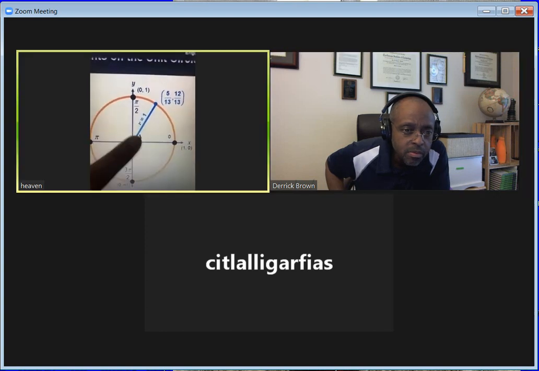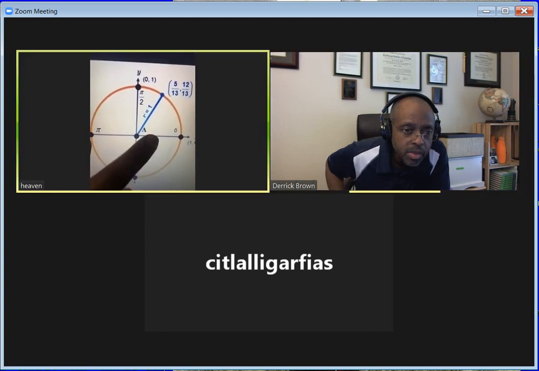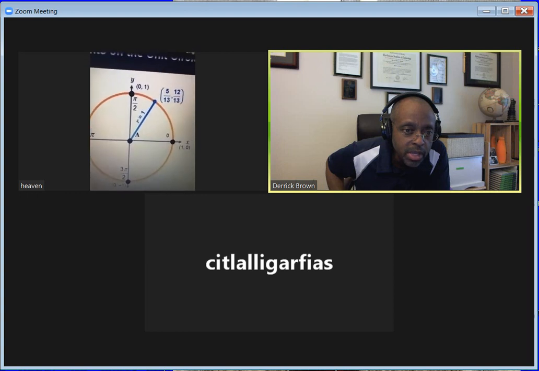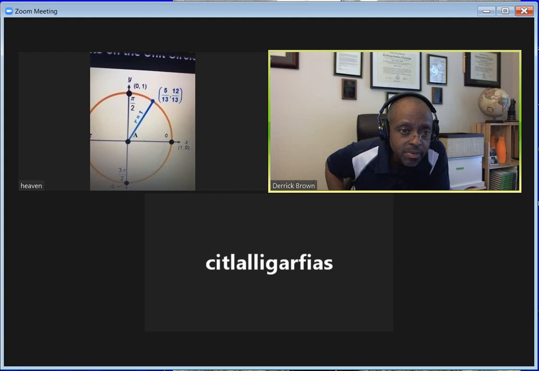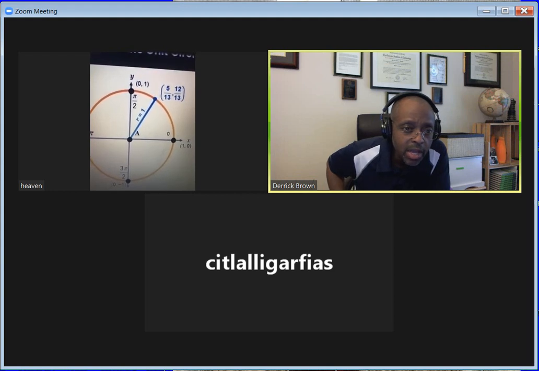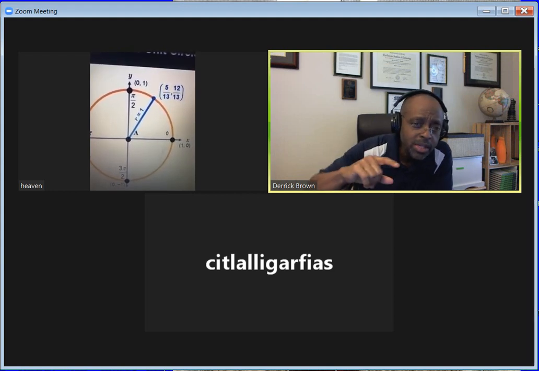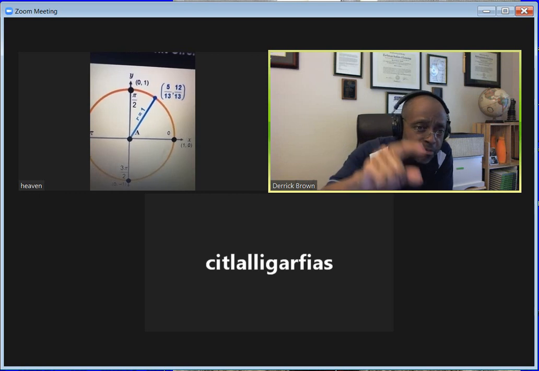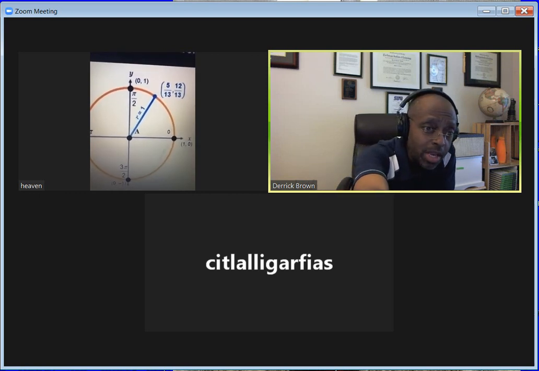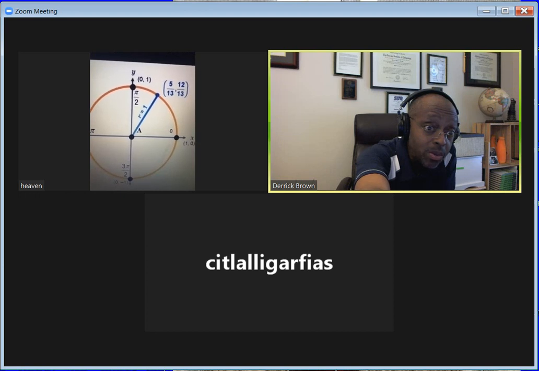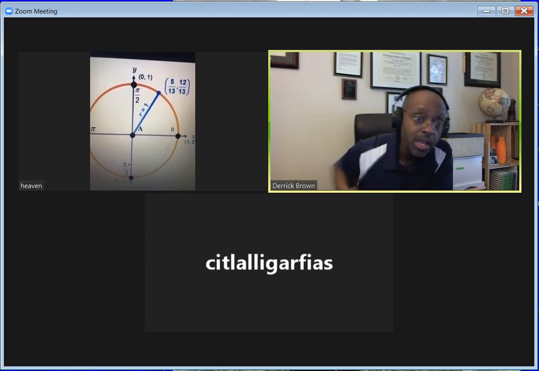So the tangent of A is going to be the ratio of the opposite side and the adjacent side. The opposite side is, you can't see what my finger's doing, but I'm drawing a line from this point on the unit circle at 5/13 and 12/13 down to the x-axis.